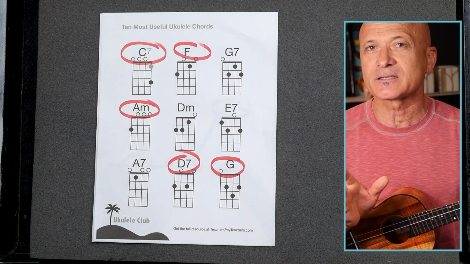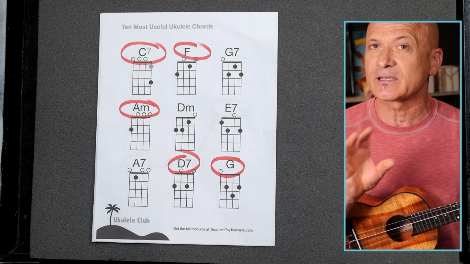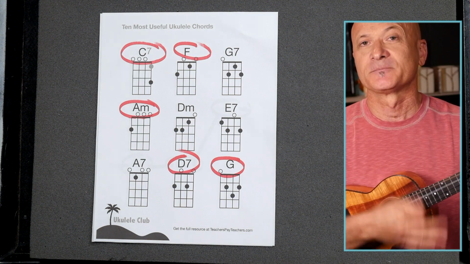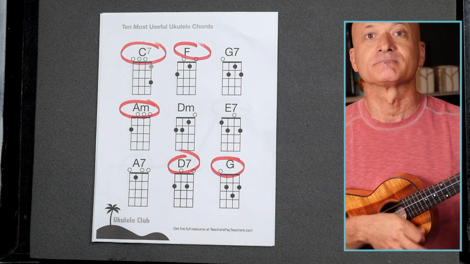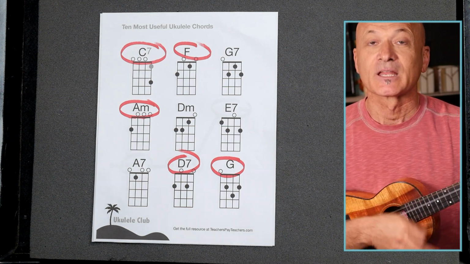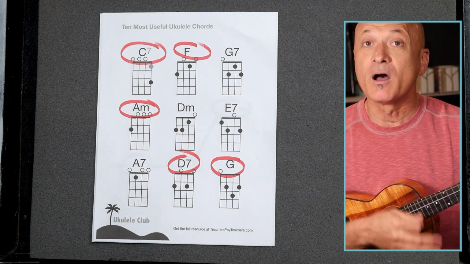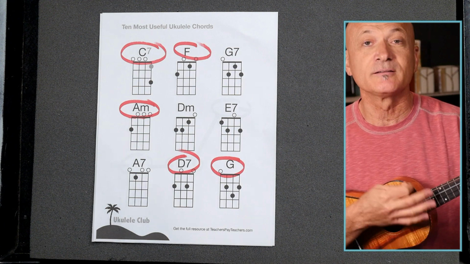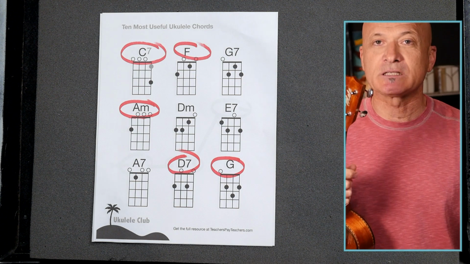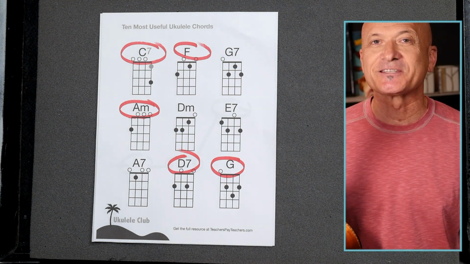Same basic chords as the 50s progression, but instead of playing a G7, we're going to play a G major, and that means we can play hundreds of songs that use that progression.